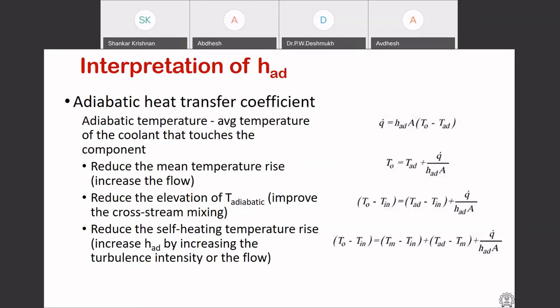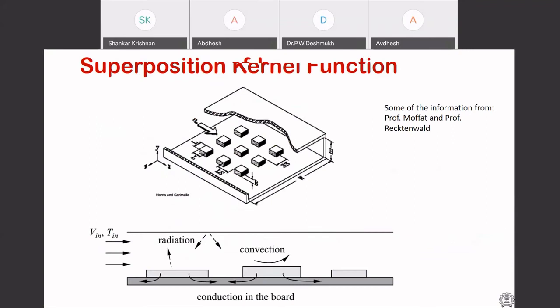In that case, to reduce that delta T due to self-heating, one increases turbulent intensity or uses some sort of vortex generator or some such thing. So that's how we can interpret the heat transfer coefficient.